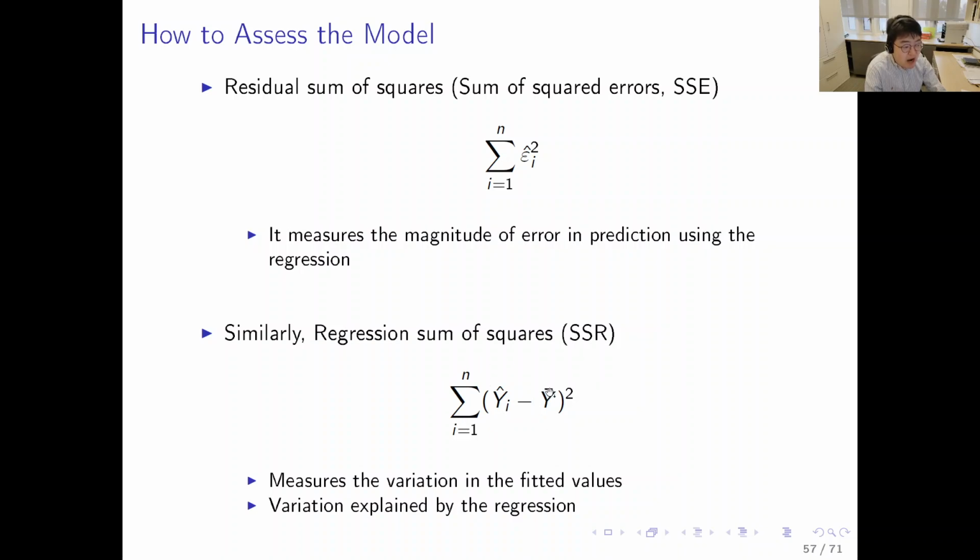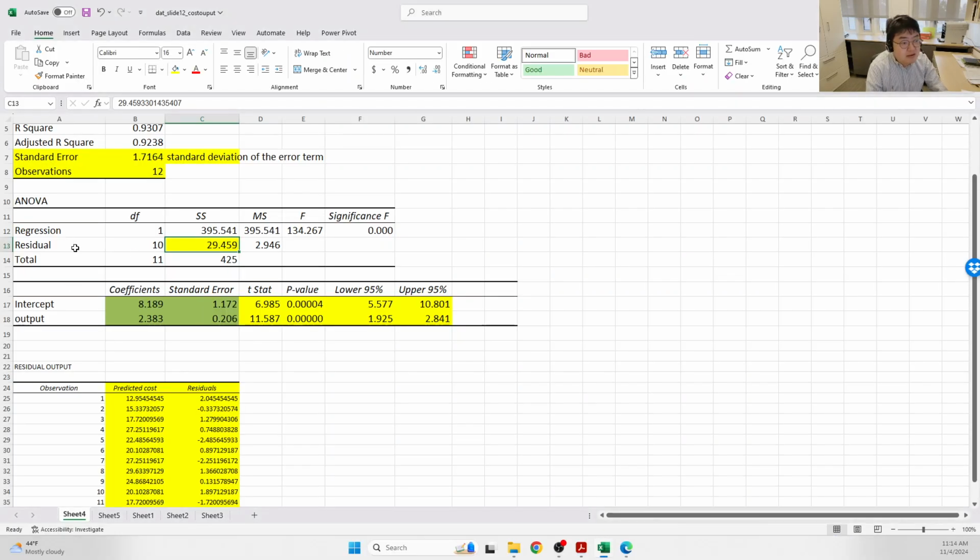So I am going to explain this as the sum of squared deviations in your prediction. That is the variation explained by the regression, because the predicted values are generated from the regression model. So you could explain this much variation, right? This is explained variation. And finally, one more thing. This is the regression sum of squares.